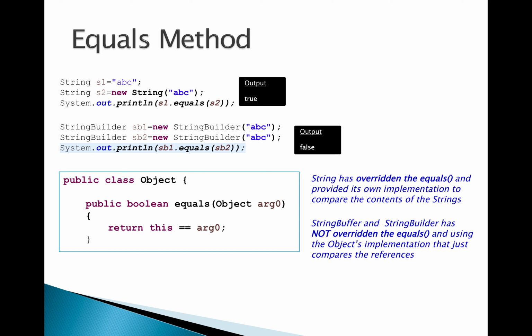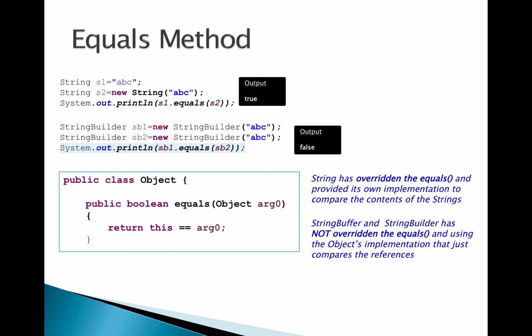Any class is going to extend from the Object class, so String is extending from Object, and StringBuilder is also going to extend from Object. The equals method in the Object class compares the references, so it is just going to check sb1 == sb2, comparing the references.